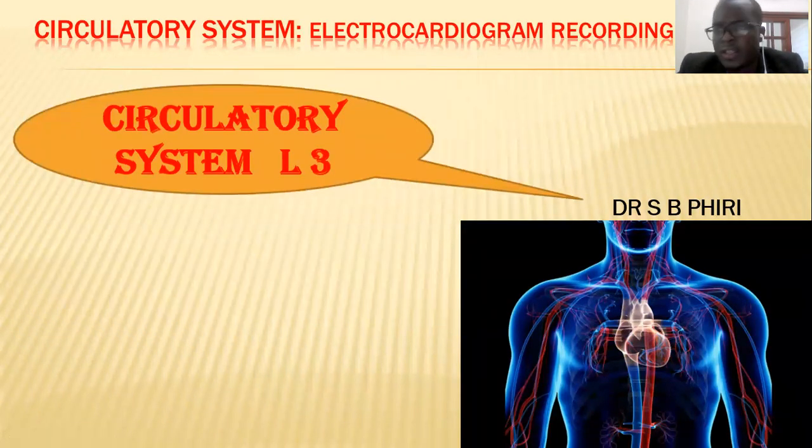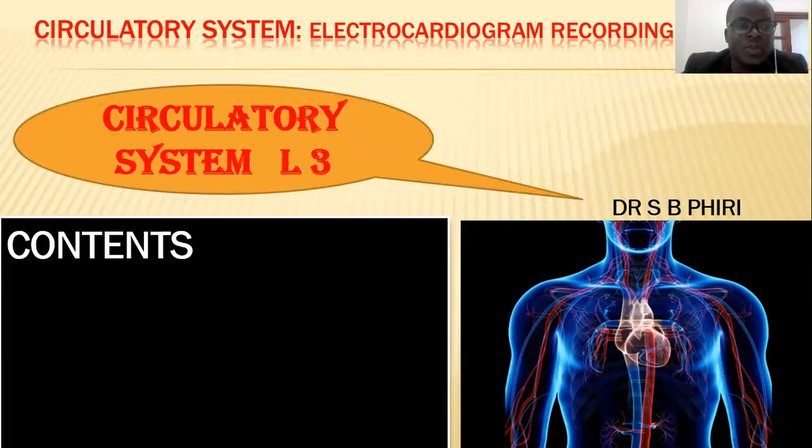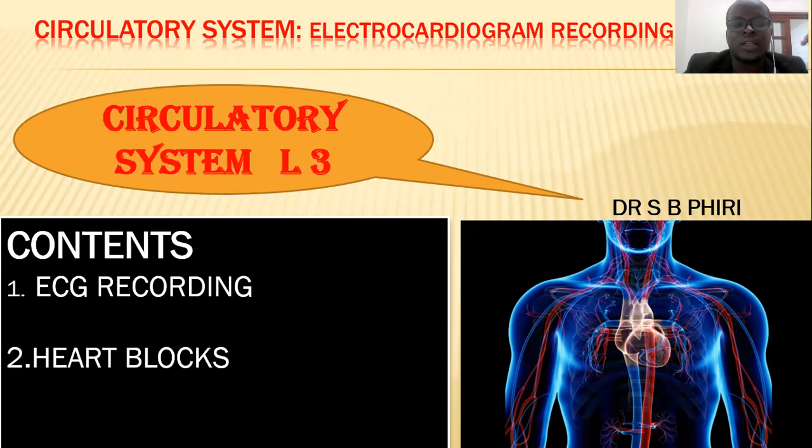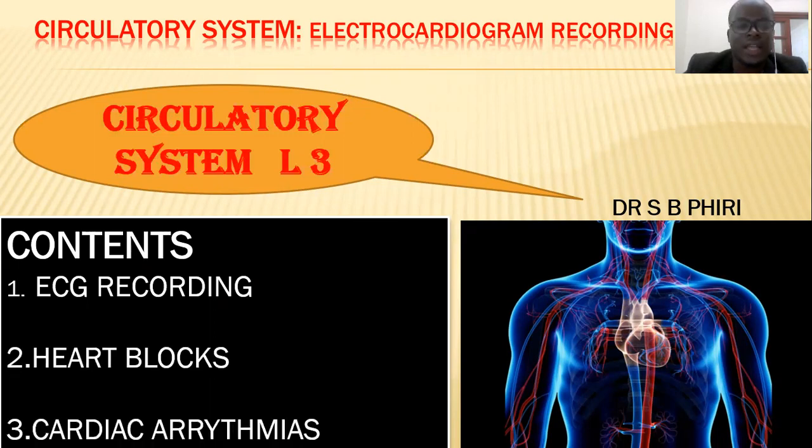Circulatory system lecture 3. In this lecture, we'll look at ECG recording, then we'll look at heart blocks and cardiac arrhythmias. Because there's a bit of information here, I'm going to split this lecture in two parts.